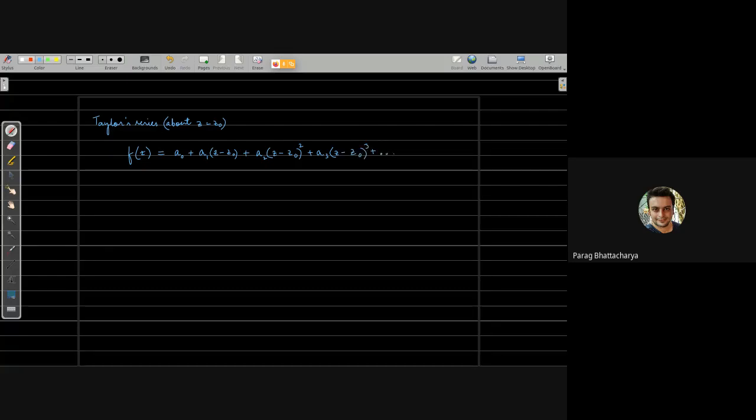This is how a Taylor series expansion looks like.